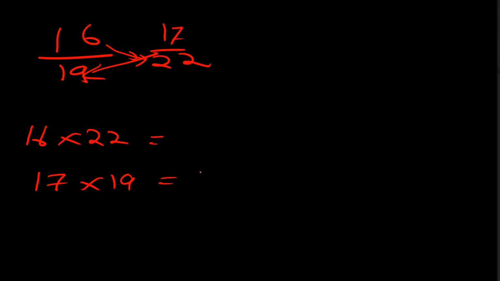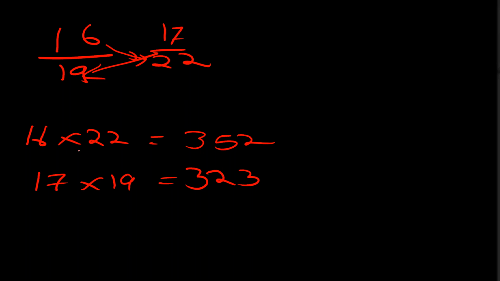So you'll be getting 11400, then you will get this minus 140, again you're subtracting that, and you will get 323. Then 22 multiplied with 16, you'll get 352.